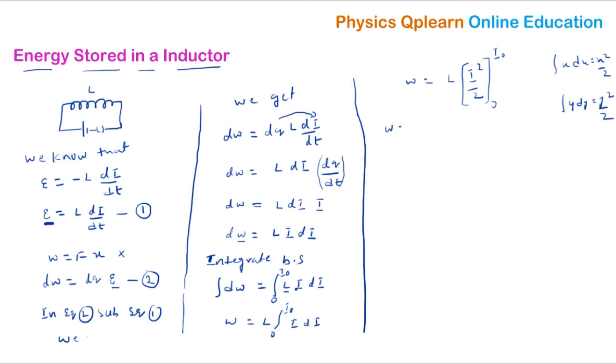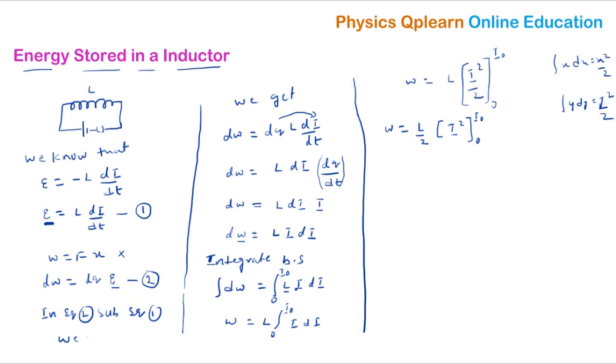Now work done is equal to L, and taking the 2 outside, L by 2. What is left inside is I square, with lower limit 0 and upper limit I naught.